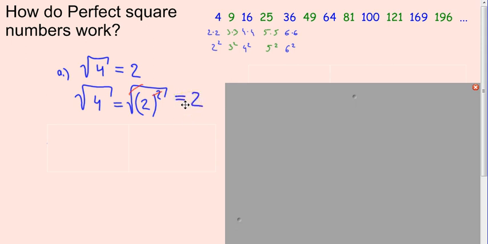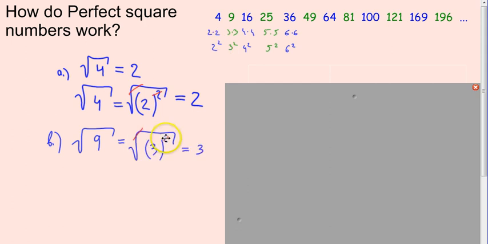I'd like to invite you now to use these simple facts to simplify an expression, square root of 9. You may pause this video. Okay, just like in the previous example, I will rewrite 9 as a square of 3, all under the square root.